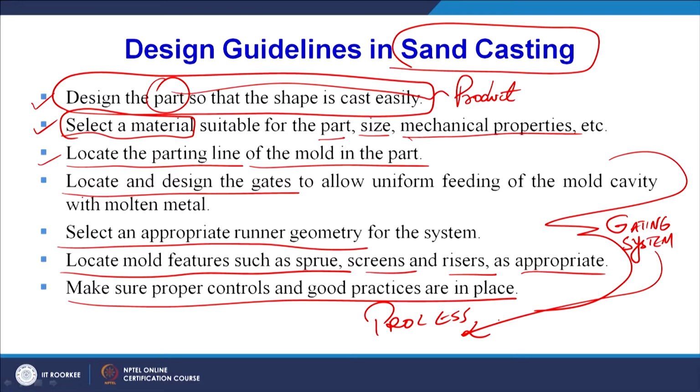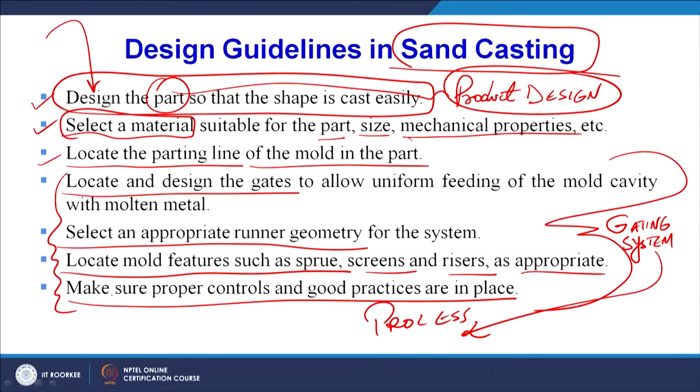Our target in our course is to focus only on this aspect, that is the product design, that how we must design our product so that it is easier to cast.